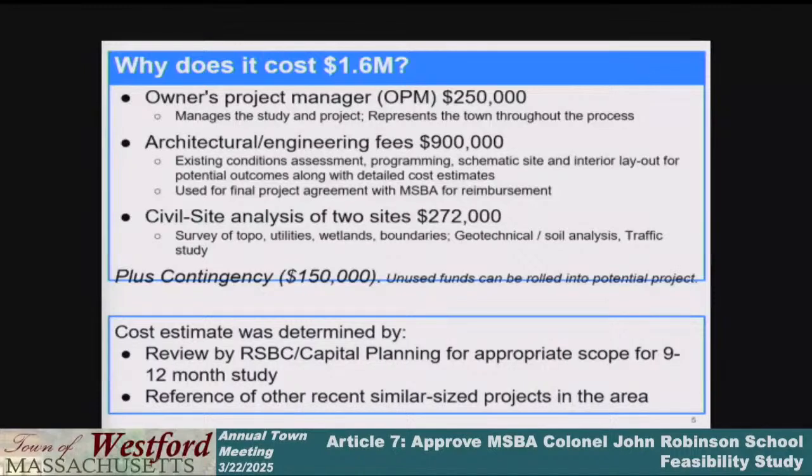The first step, if approved, would be to hire an owner's project manager. This firm would stay on through the duration of a project if a project were to move forward. But this firm will procure and negotiate all of the contracts for all of the scopes of work for the consultants under this study.